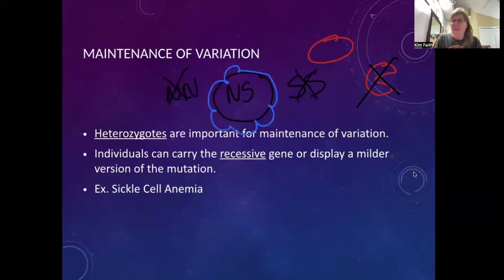They have a definite advantage in that environment. We could call it hybrid stability. All right, so that's kind of a stabilizing effect in natural selection. So heterozygous individuals can actually be carrying genes that later can be very useful.